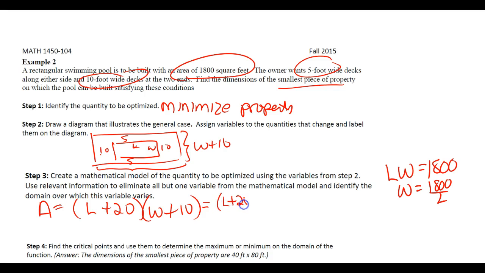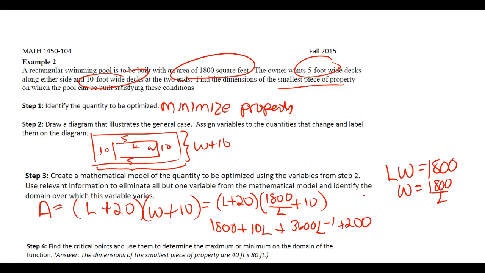L plus 20 times 1800 over L plus 10. Then I FOILed, okay? First, L times 1800 over L is 1800, outer plus 10L, inner plus 36000 over L, which I'm going to write as 36000 L to the minus 1, and last is plus 200.